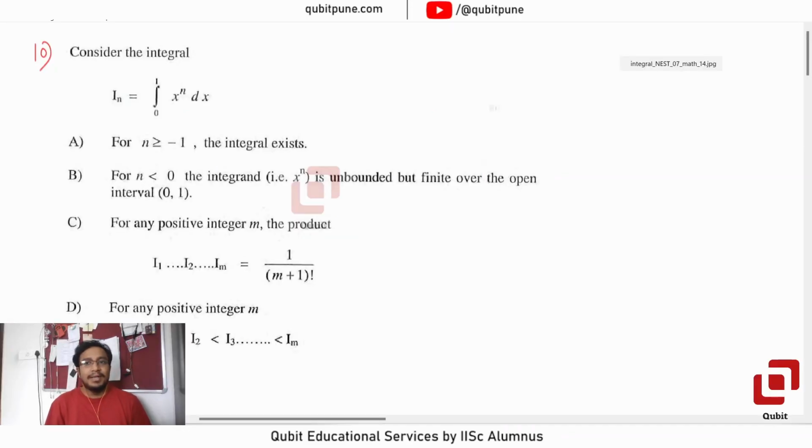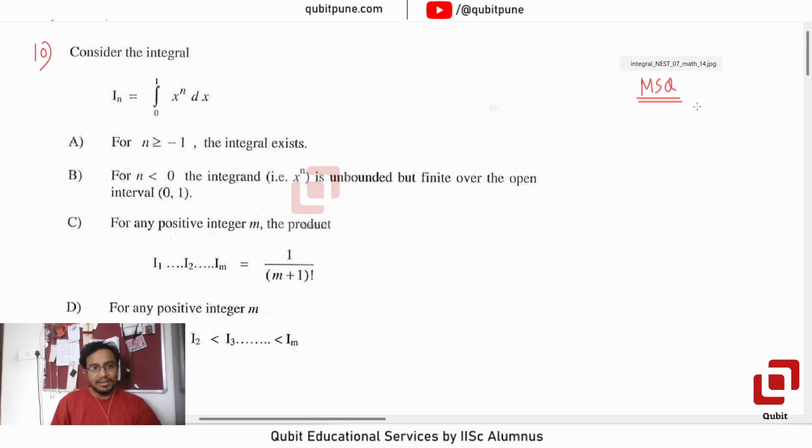From NEST 2007, question 14, a multiple select question. Consider the integral I_n given by the integral from 0 to 1 of x raised to n dx. For n greater than or equal to 1 the integral exists.